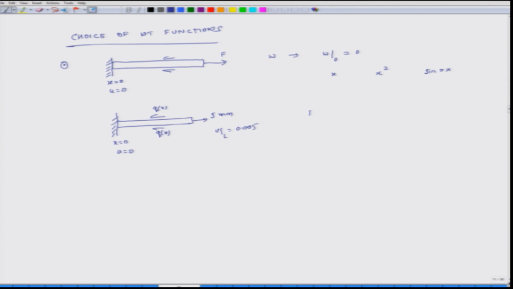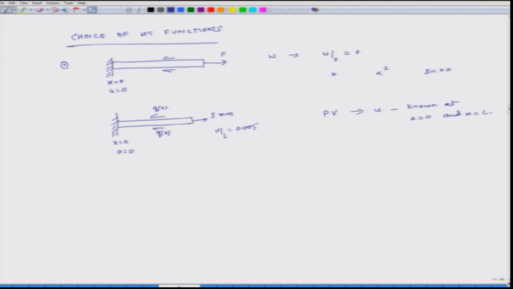Primary variable is u, right? We have discussed what is a primary variable and secondary variable. So, primary variable is u, and u is known at x is equal to 0 and x is equal to L.